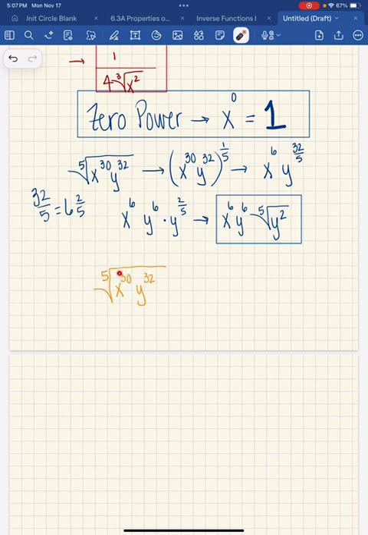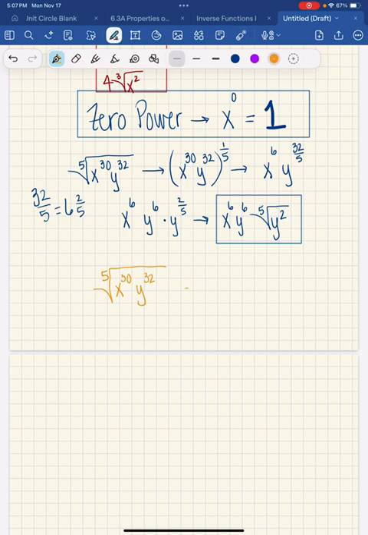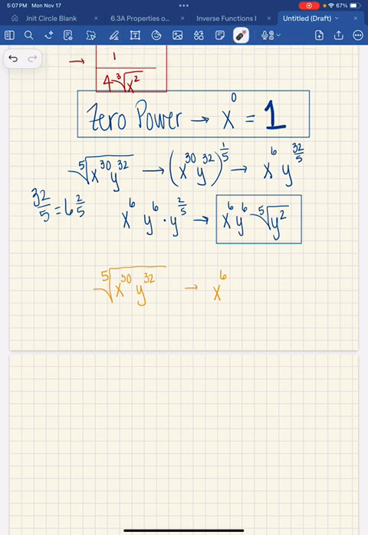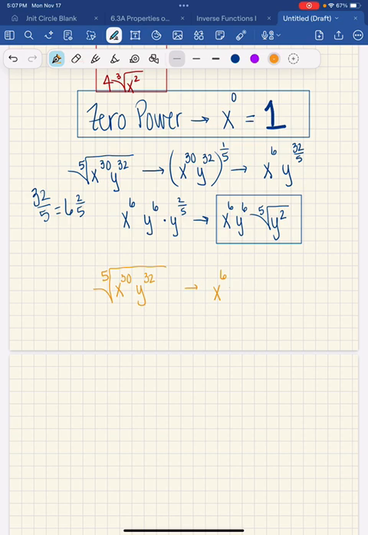You could say 30 divided by 5 is 6, and that's how you would get x to the 6th. The other way to do this is more of a verbal explanation. 5 goes into 32 6 times evenly, so 6 of them get to come out with a remainder of 2. Exact same answer.